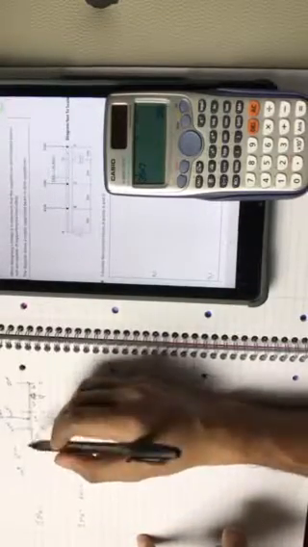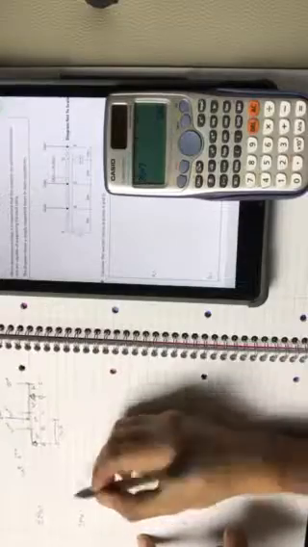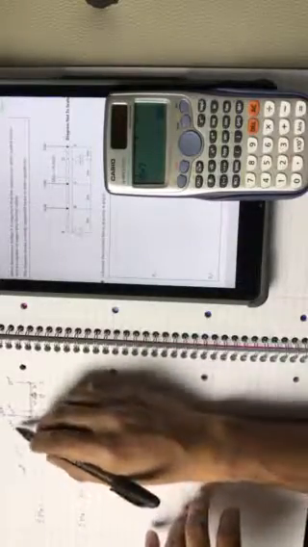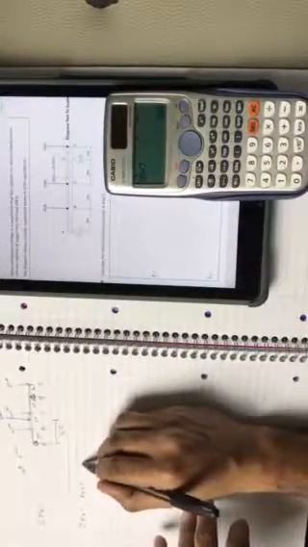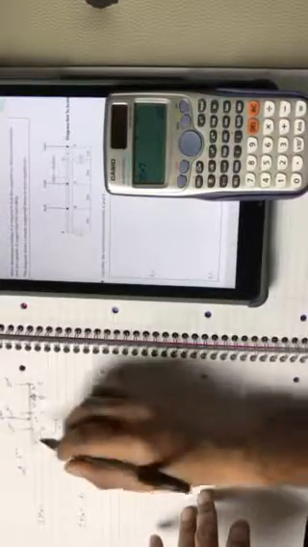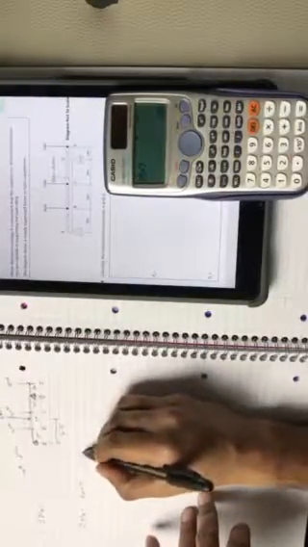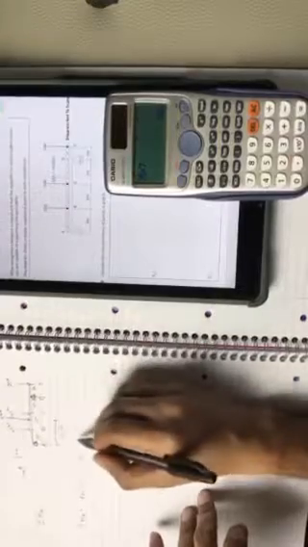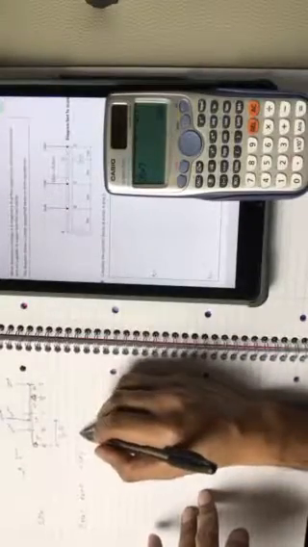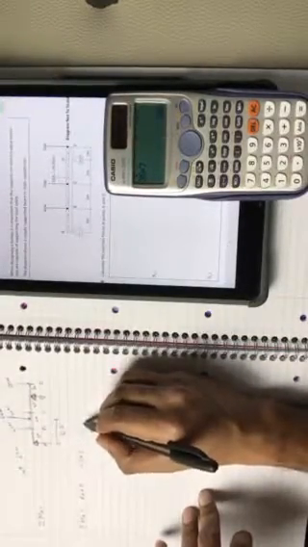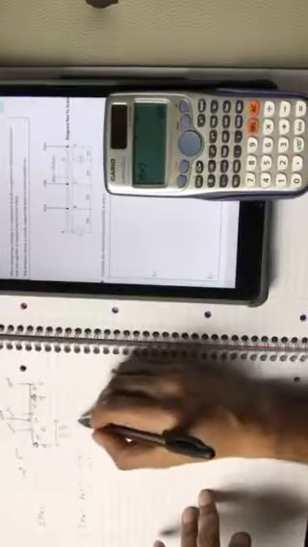Since it is at the same point, my distance will be 0. The second force is 45 Newton, so that's 45 times the distance 2. The third force is 245 Newton at a distance of 3.5.